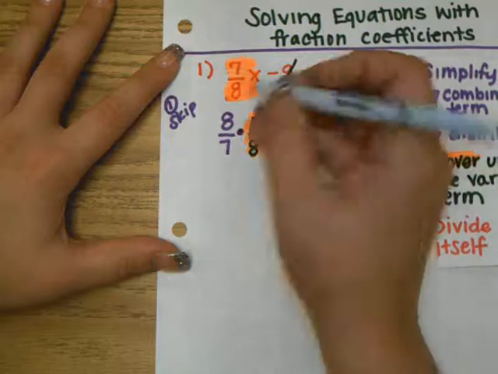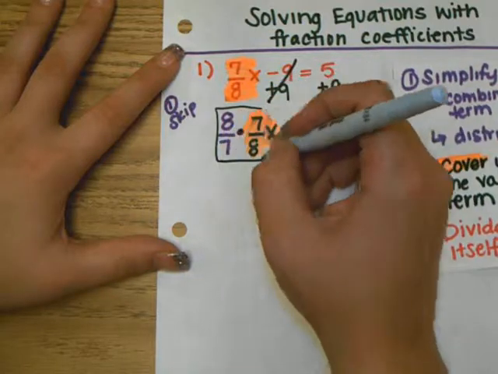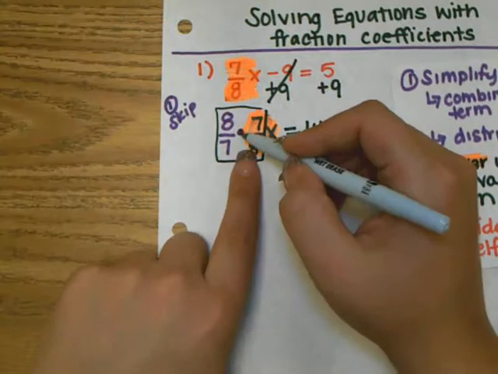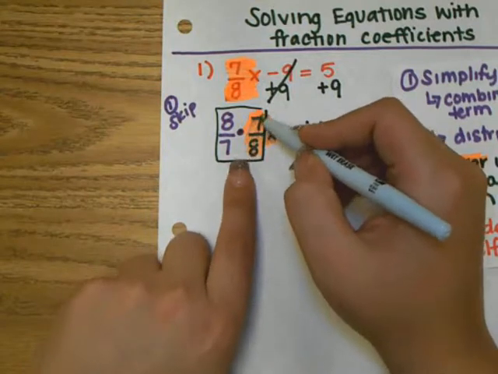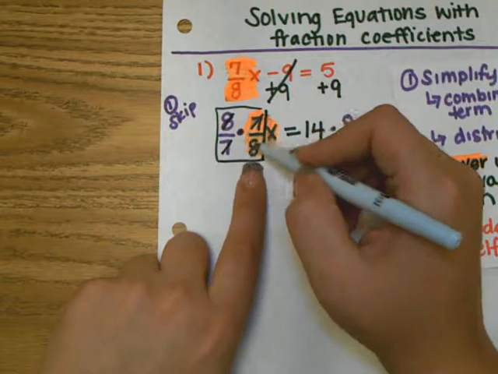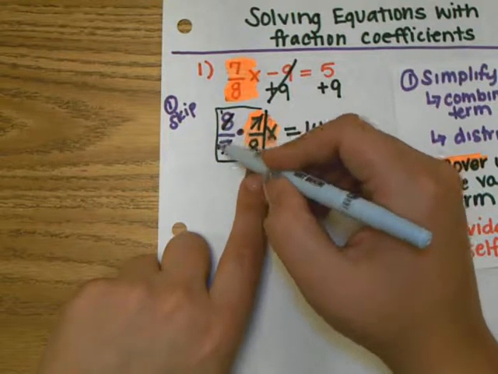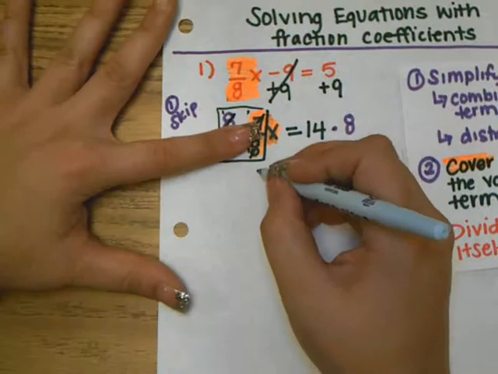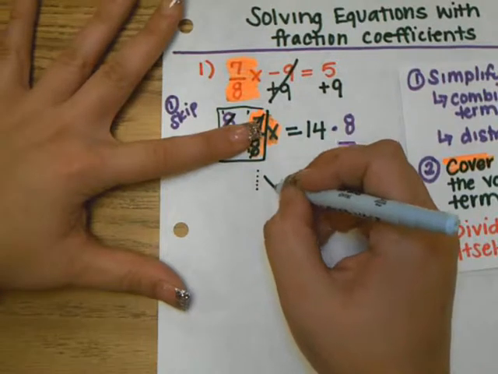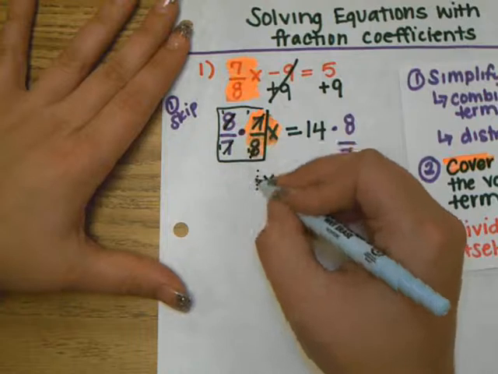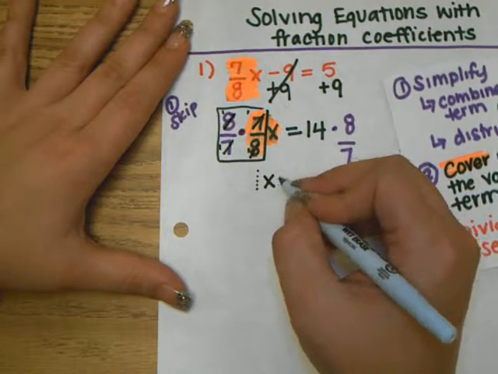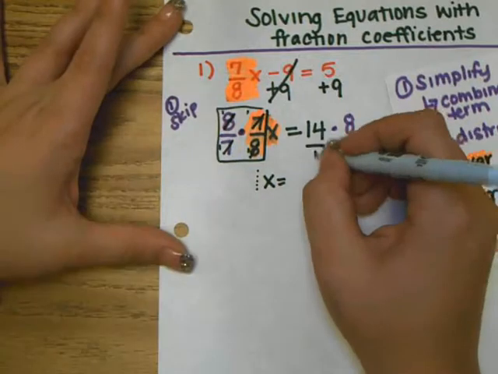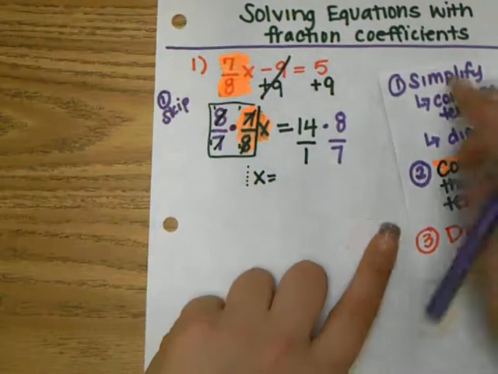So this is going to cancel because this right here makes 1. 8/7 times 7/8, the 7's will cancel, the 8's are going to cancel, everything's going to make 1. So we have 1, we don't need to write a 1 in front of an x, but this equals 1, brought down the x, and whatever we do to this side, we have to do over here.